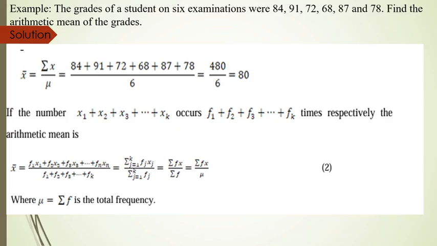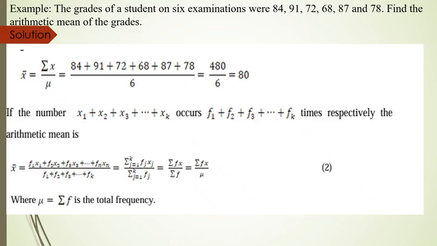Example: the grades of a student on 6 examinations were 84, 91, 72, 68, 87, and 78. Find the arithmetic mean of the grades. From here, they said the grades of a student on 6 examinations, so our n here will be 6.